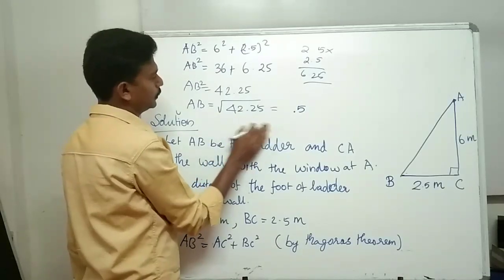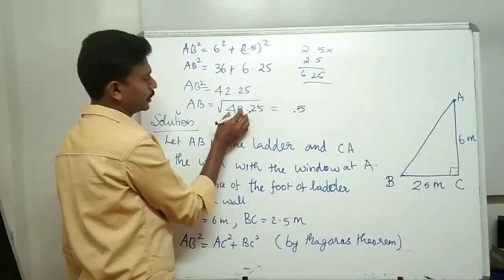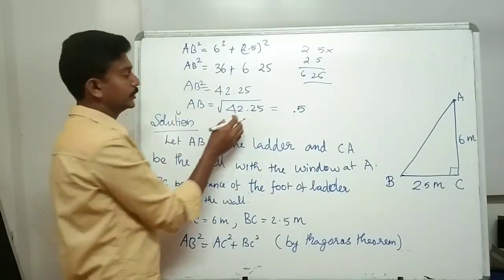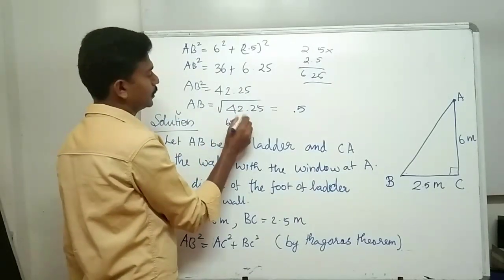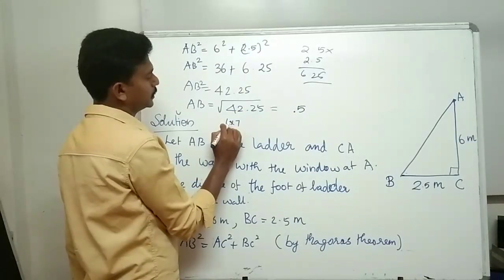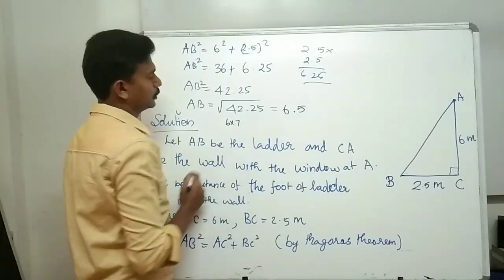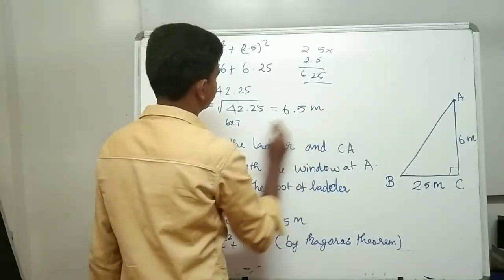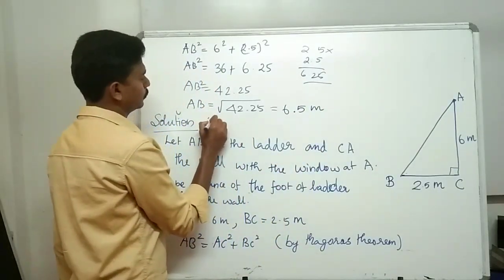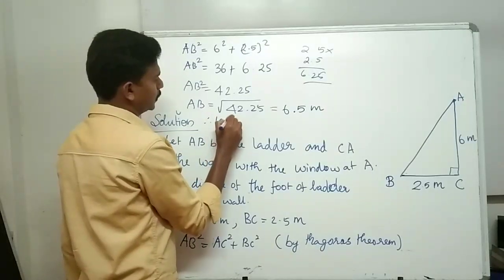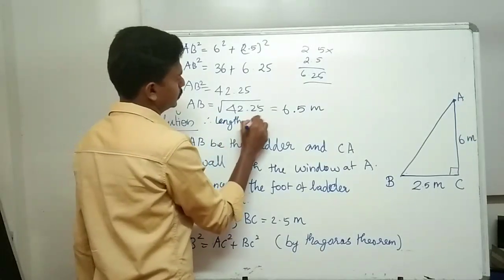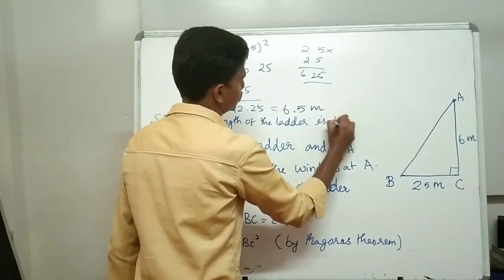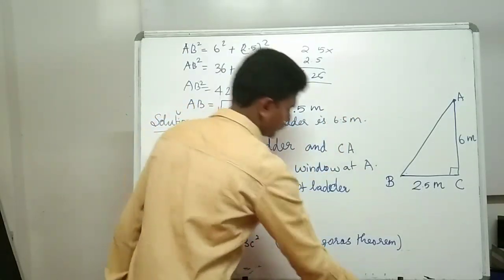In 42, the two consecutive numbers whose product is 42 are 6 and 7, so we take 6. So 6.5 meters. Therefore the length of the ladder is 6.5 meters.